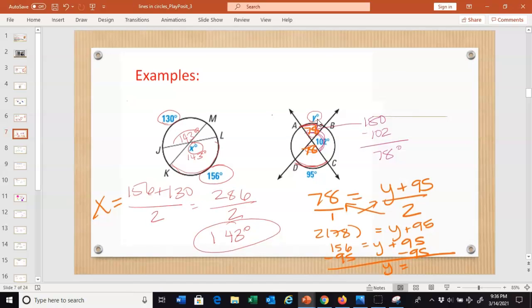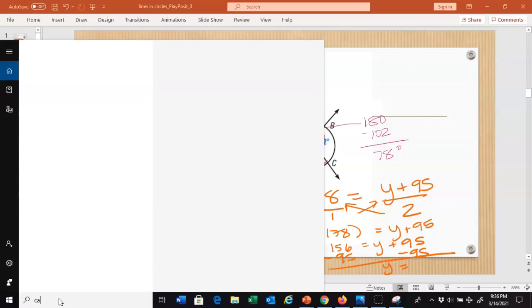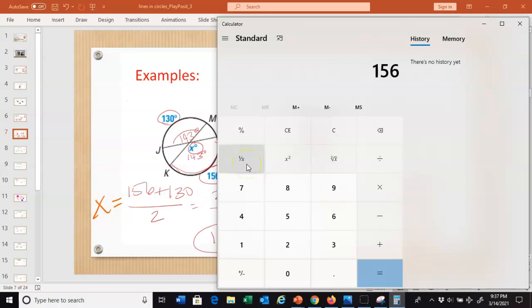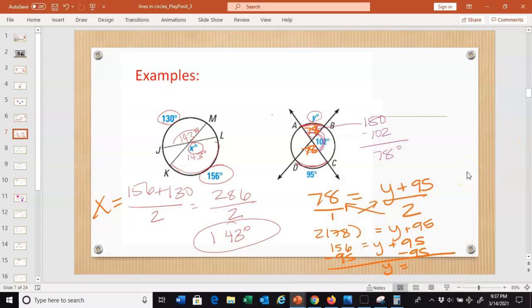And this is where I do want to grab a calculator. 156 minus 95. Let's see. I am not a human calculator. 61 degrees is this arc measure. And you can always double check it. You know, you would say, okay, 61 plus 95 divided by 2.